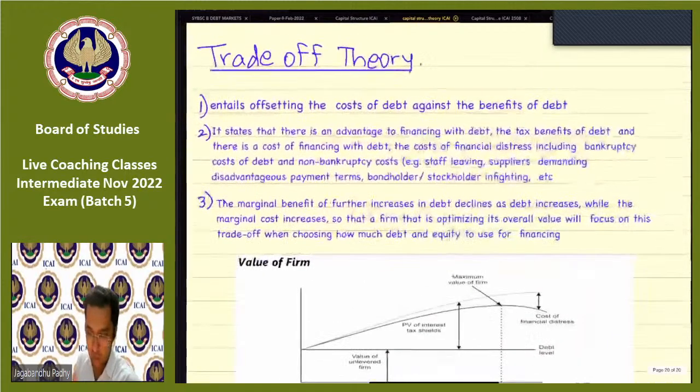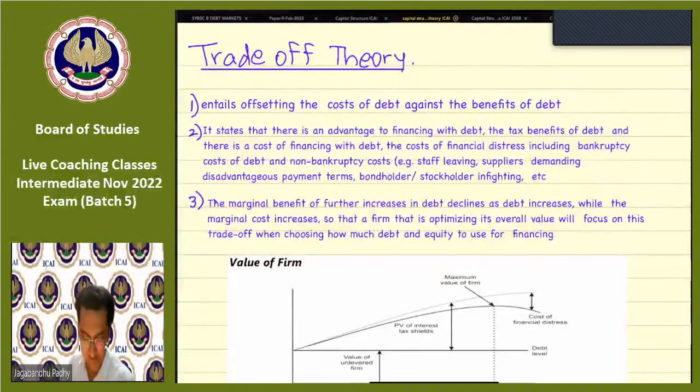If I ask you, is taking debt good or bad, your answer should be, sir, it depends. It depends on what? It depends on the return that you are generating, right? And also how much debt you can really sustain. So trade-off theory says we need to offset the cost of debt against the benefits of debt.